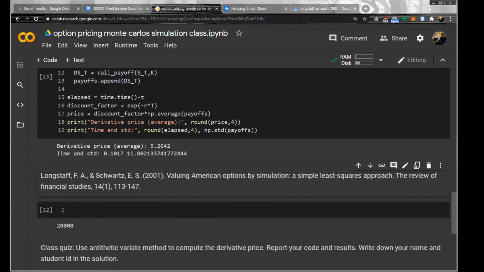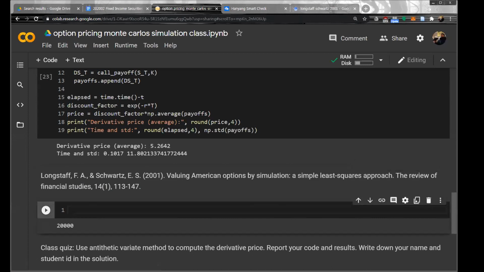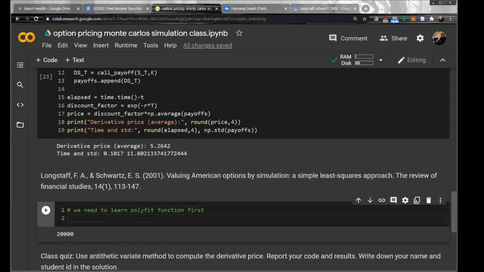This one is slightly more complicated. In order to learn this one, we have to learn first about the polyfit function. Basically, it is about polynomial functions: how to find a polynomial function that fits the data.